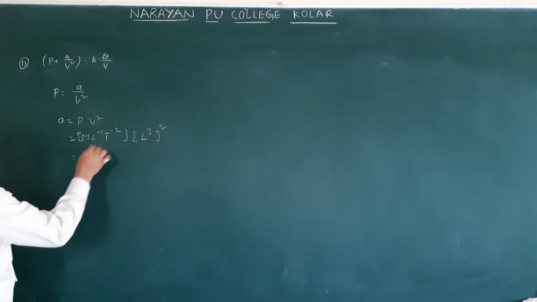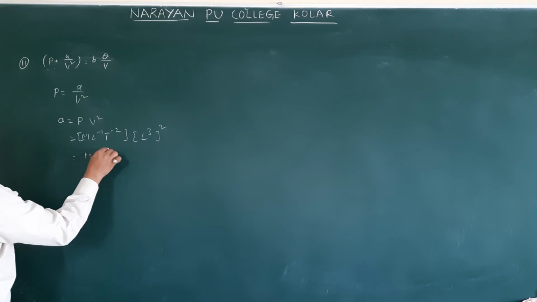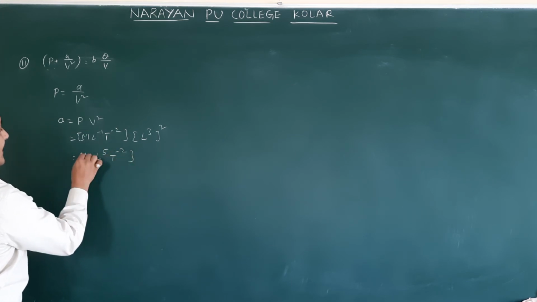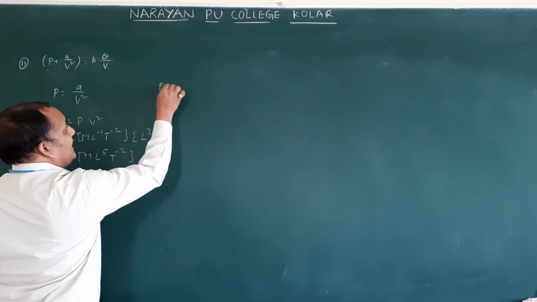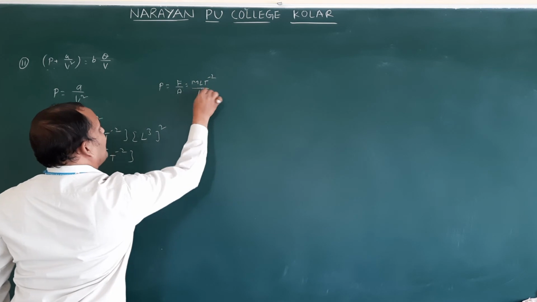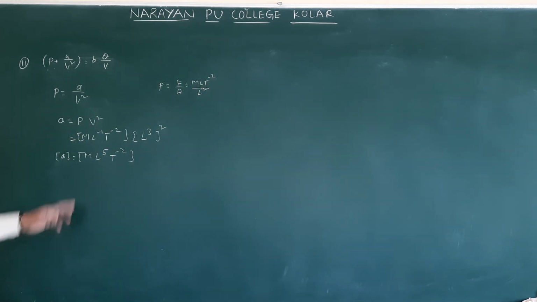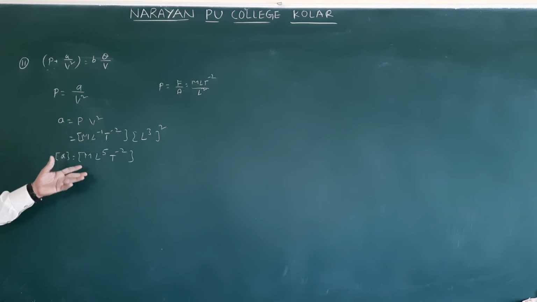So L^6 M L^-1 T^-2 gives M L^5 T^-2. How we got the pressure dimension: we already discussed force by area, M L T^-2 by L square, therefore M L^-1 T^-2. We have to remember some physical quantities at least, then we can do the remaining easily.